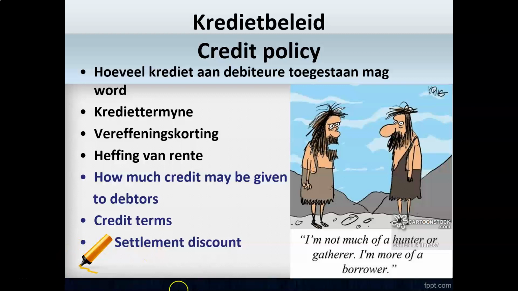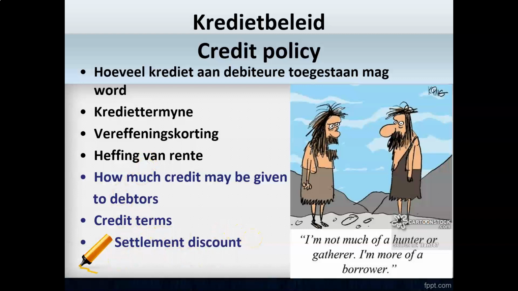So he wants to encourage his debtors to pay off their outstanding debt as quickly as possible. So he might decide to give a little incentive to his debtors to make them settle their outstanding accounts within a shorter period of time than what they initially thought they were going to repay the debt.